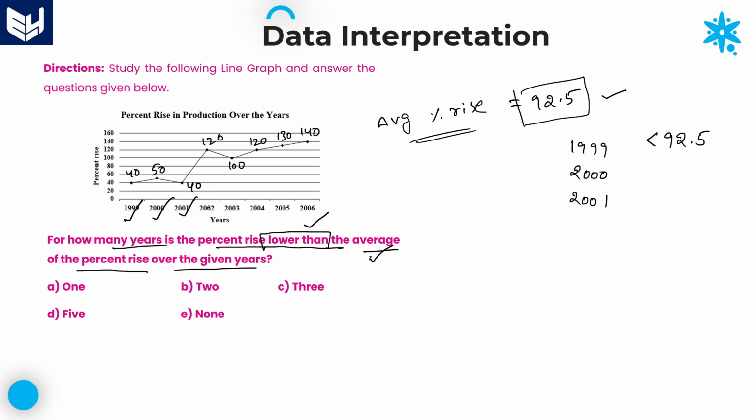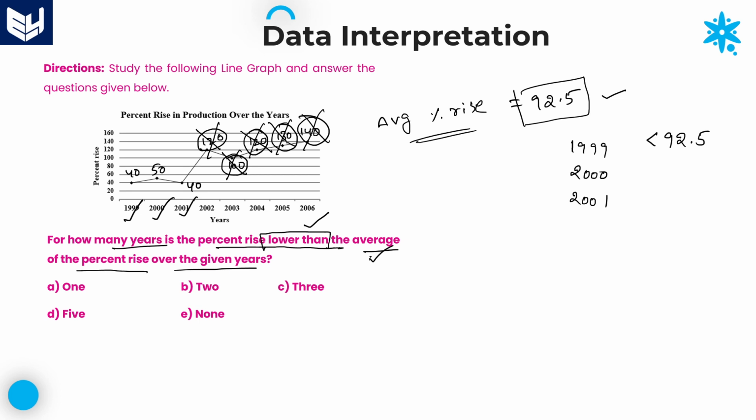Now let us look from 2002 onwards. From 2002 onwards, the value is 120. It is greater than 92.5. You should not consider it. 2003 value is also greater than 92.5. You should not consider it. Here it is 120, greater than 92.5. 130, greater than 92.5. 140, greater than 92.5.